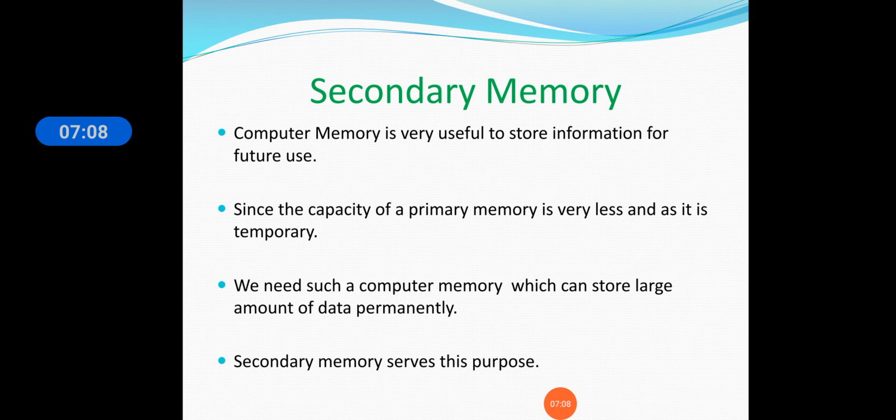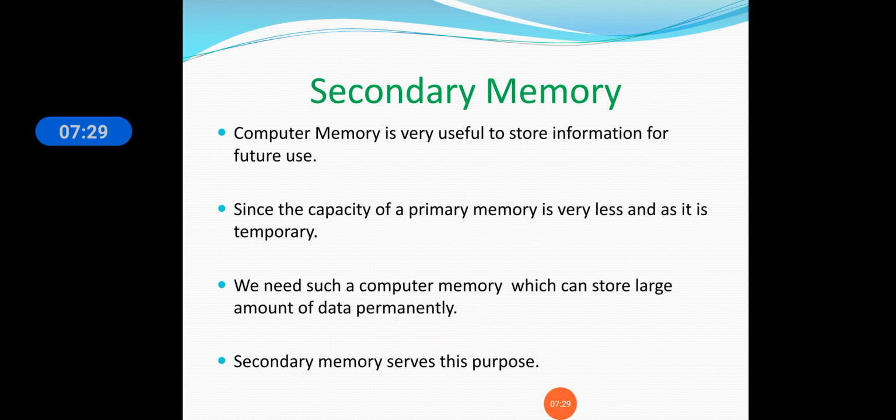Computer memory is very useful to store information for future use. Since the capacity of primary memory is very less as it is temporary, we need such a computer memory which can store a large amount of data permanently. Secondary memory serves this purpose.